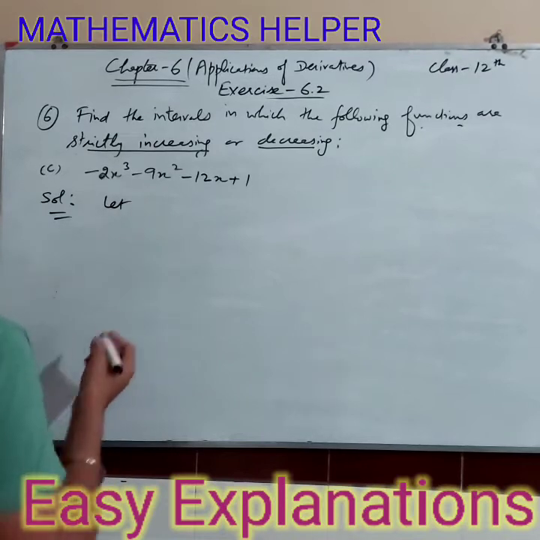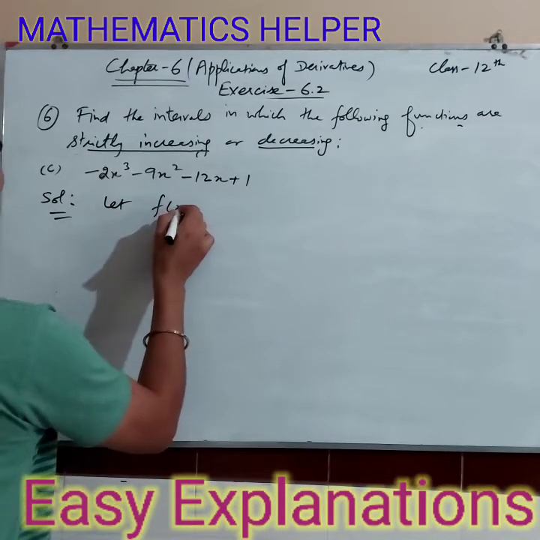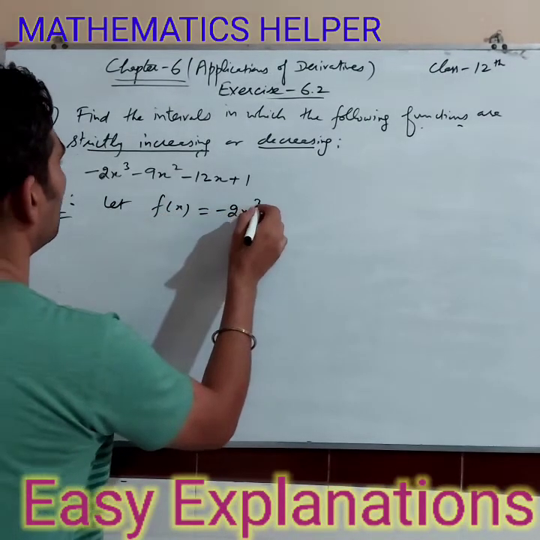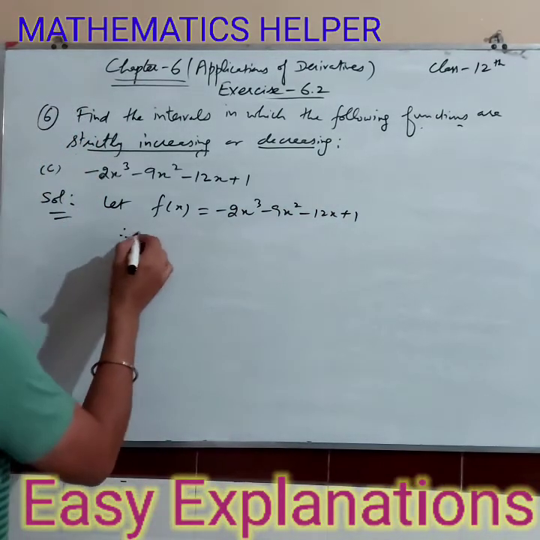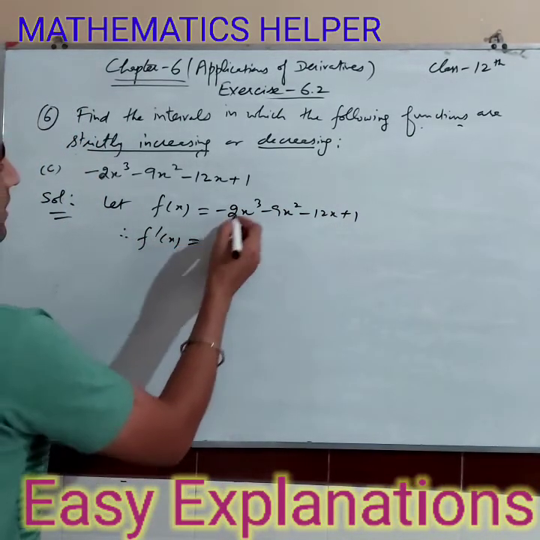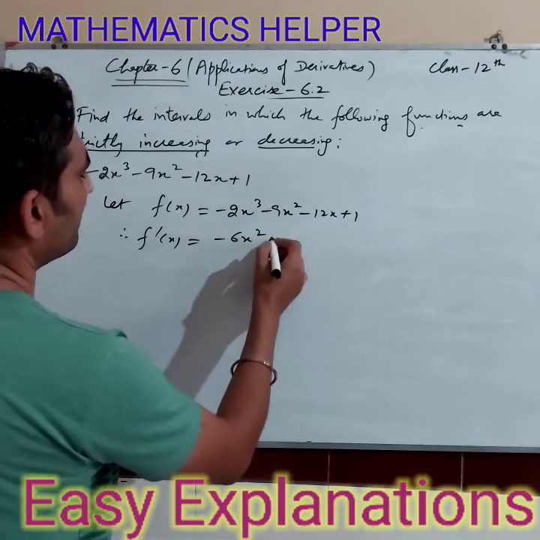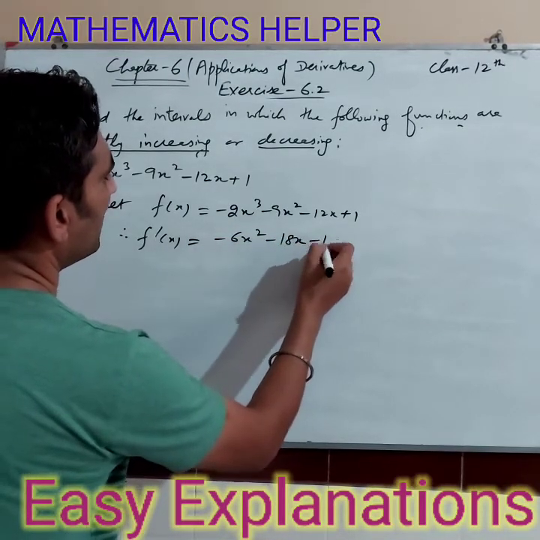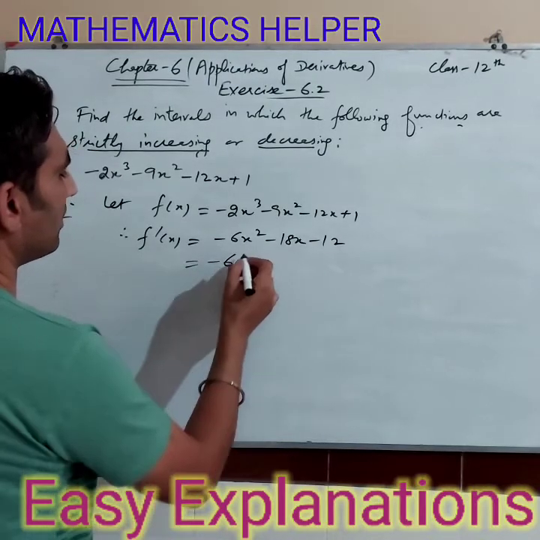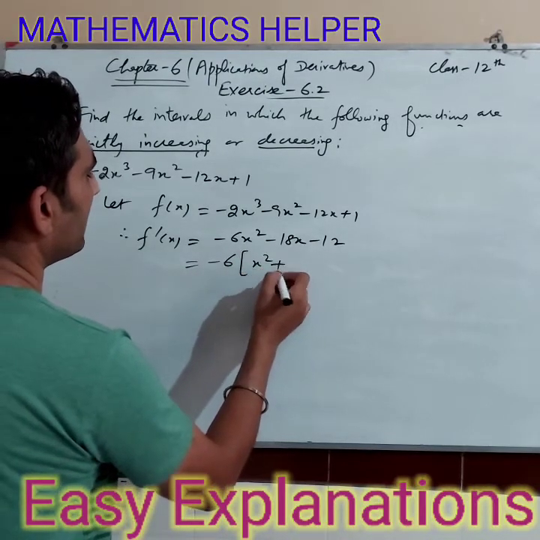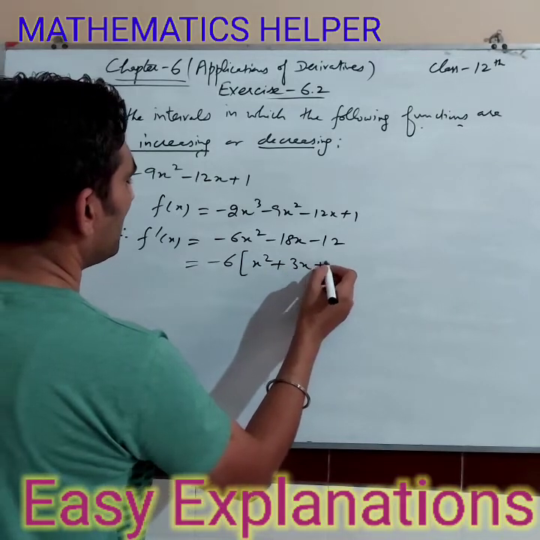Let us give it a name, let fx be minus 2x cube minus 9x square minus 12x plus 1. Write its derivative, which is f dash x. It will be minus 6x square minus 18x minus 12. Out of these, we can take minus 6 out. It will give us x square plus 3x plus 2.